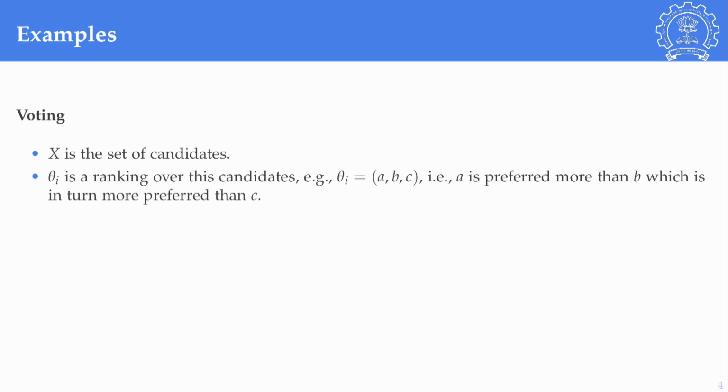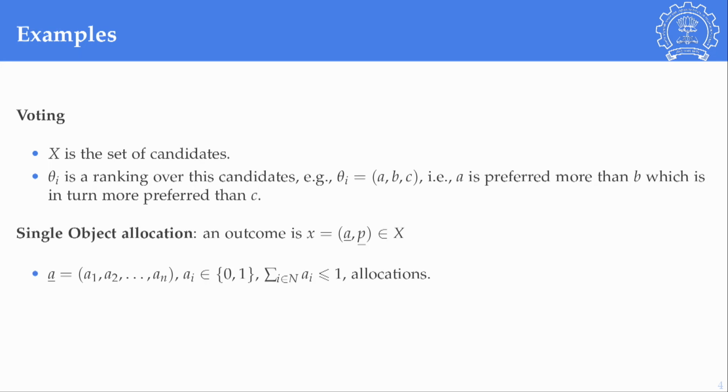So, in the cardinal setting, we have the single object allocation. We are using this as a running example. You can think of this outcome set, capital X, as a collection of two things, both are functions. One specific outcome you can say is an allocation vector and a payment vector. This lower bar says that this is a vector.